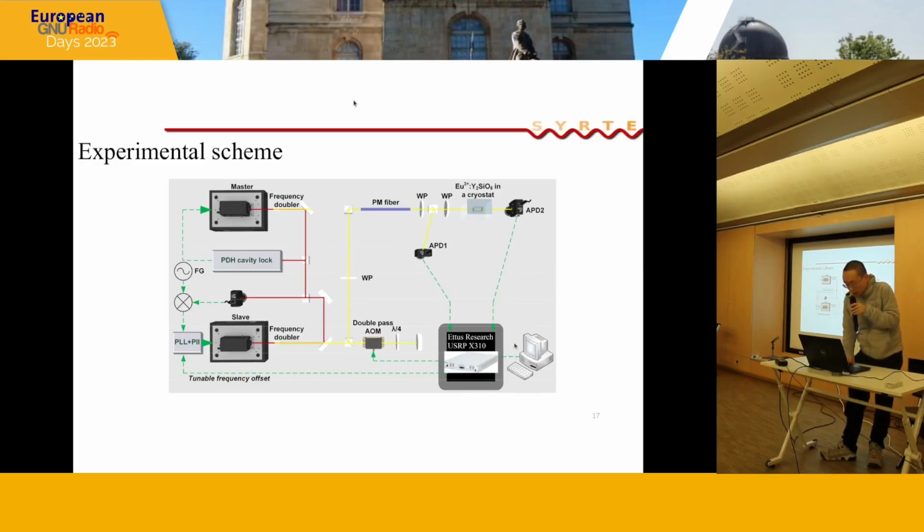And the data flow is running in a computer. This FPGA will send the driving signal to the double pass AOM, and the other driving signal to the PLL. And through a PI2 control, we can control the frequency of the laser.